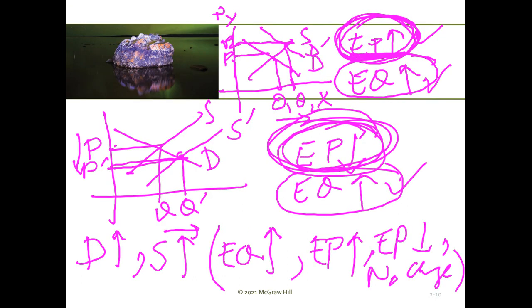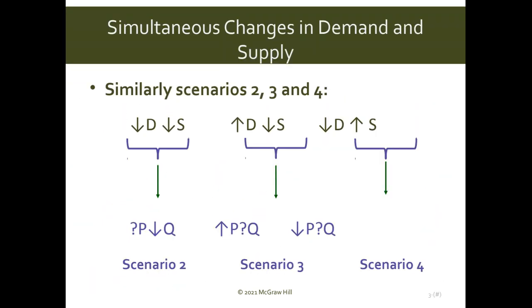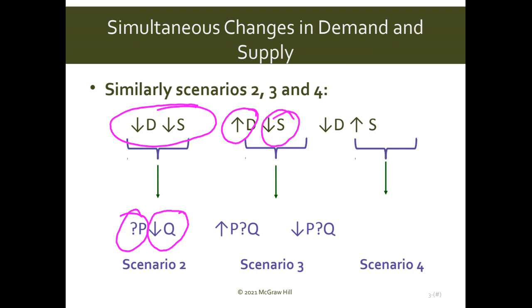Now let's talk about all three remaining scenarios. See what is happening. When both curves shift leftward, what would happen? Equilibrium quantity will decrease for sure, but you are not sure about price. When the demand curve is shifting rightward and the supply curve is shifting leftward, or decreases, then equilibrium price will always increase, but equilibrium quantity you are not sure.